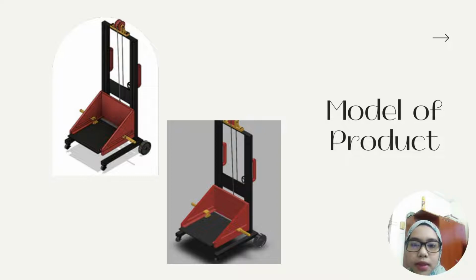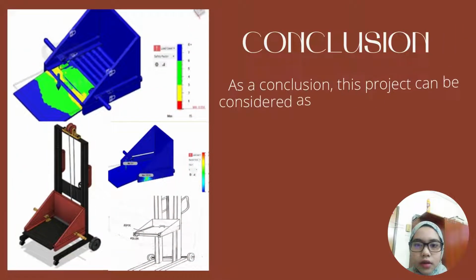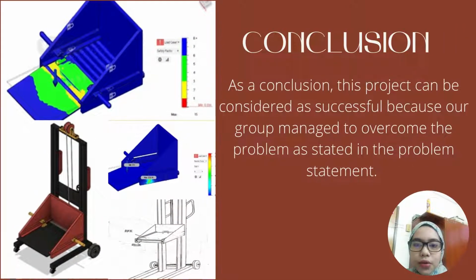For the material of the product, we use steel for the whole body, and rubber and steel for our front and rear wheels. This stacker needs to be manually operated by the worker, and it can lift loads up to 500 kilograms.